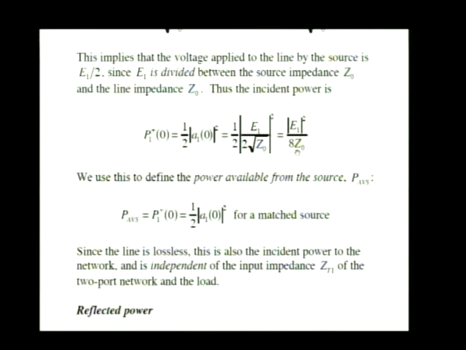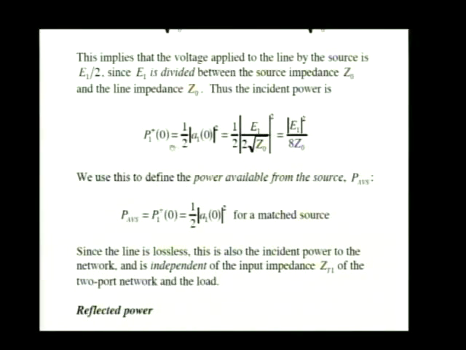Now this is for the case where the internal impedance, the Thevenin impedance of the source, Z0, is equal to the characteristic impedance of the transmission line connecting the source to the two-port. That's the maximum possible power that the source can supply.